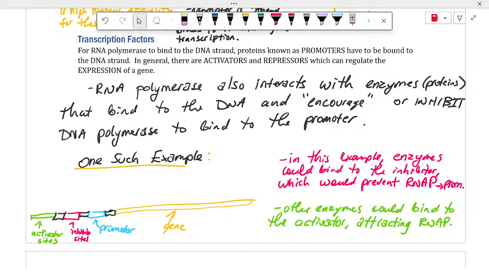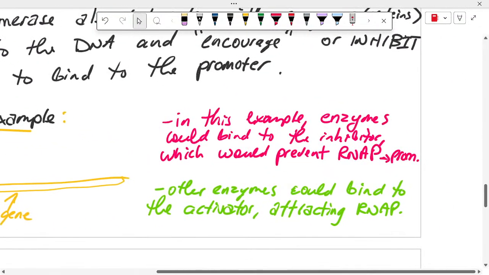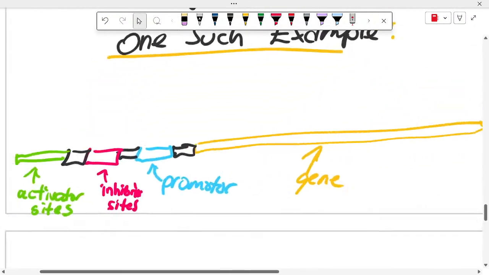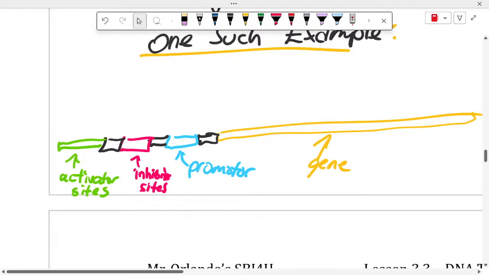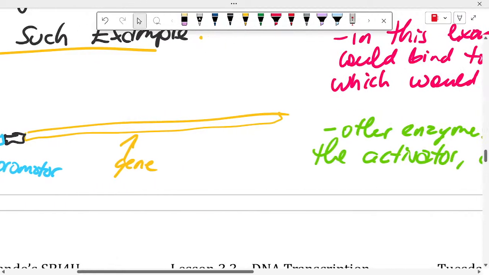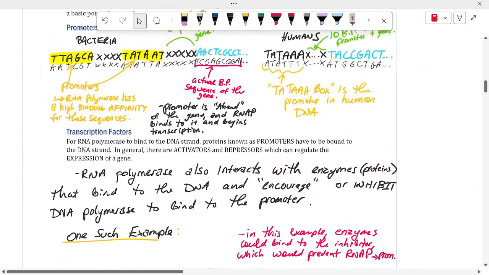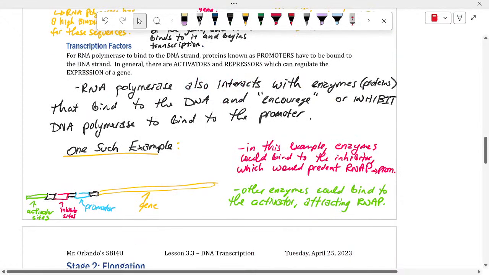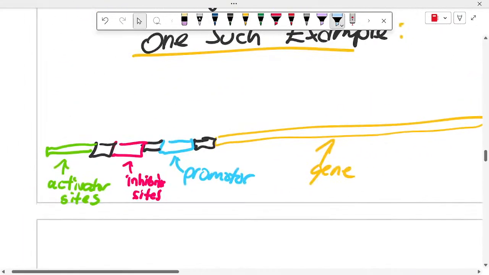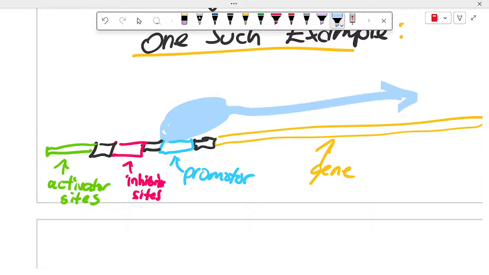Yeah. What is this over there where it says like which prevents INP? Yeah. So in this example, I've drawn a random example here, which is every gene has to have in front of it the promoter region, which for humans is what again? What we call the TATA box, right? This particular sequence. So a gene has to have that if the enzyme RNA polymerase is going to come bind here, go across and make an RNA transcription of that.